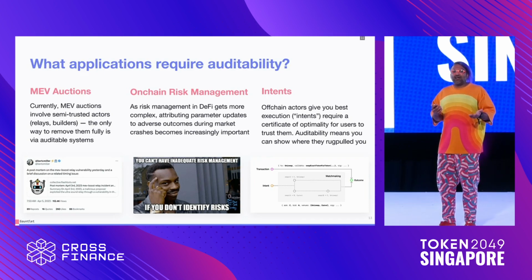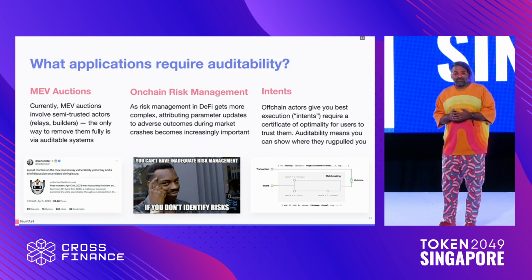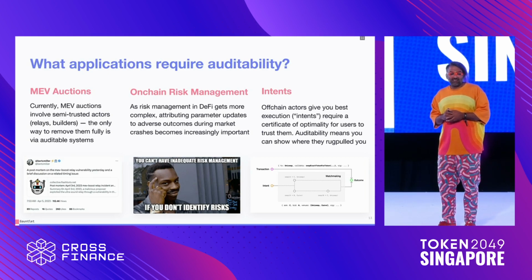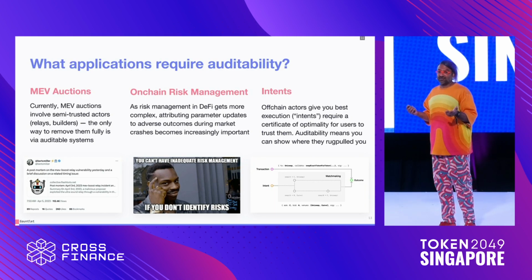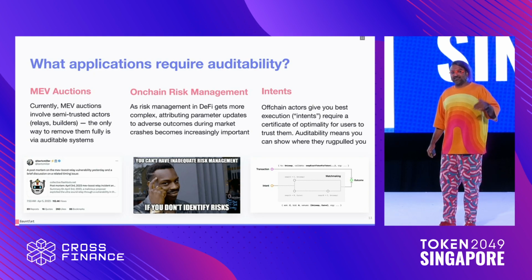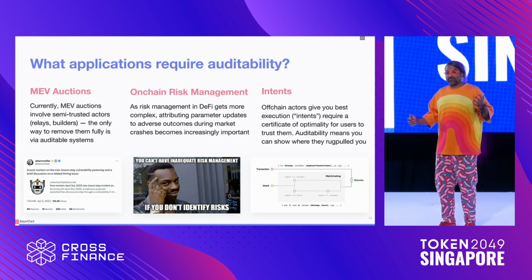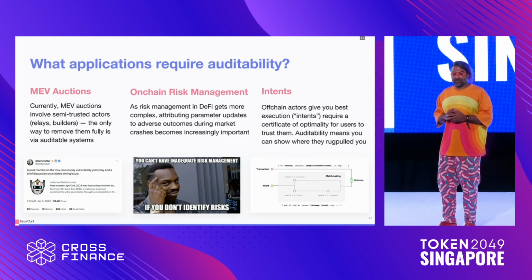And right now, these auctions, especially post-Ethereum's merge, rely on sort of semi-trusted actors, the relayers and builders. And you can't really audit if they don't include your transaction correctly or they put someone else's in front of you. There's actually no auditability. And in fact, this was exploited in the April 2023 malicious proposer attack, where there was $11 million lost. One of the largest consensus bug errors ever.